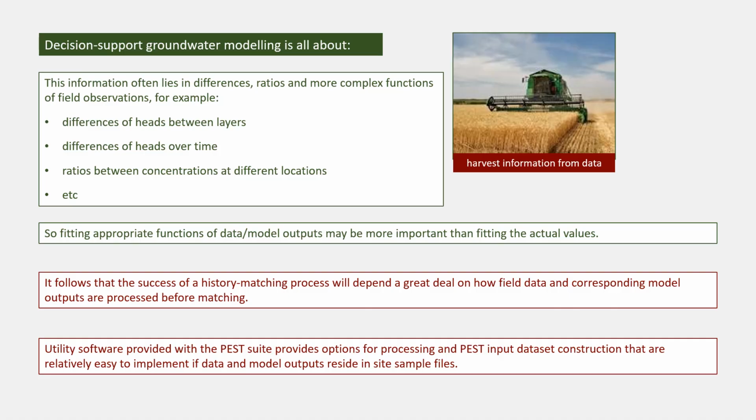History matching is then undertaken by PEST or PEST++, in which that information is extracted from the data to the parameters with which the model is endowed, adjusted to receive that information, and then when the model is used to make predictions, deliver that information to the decision-making process.